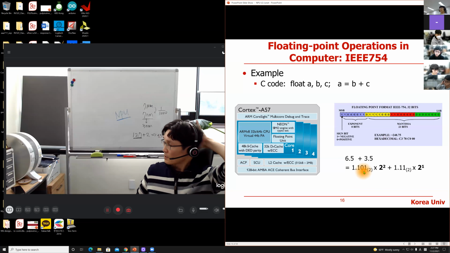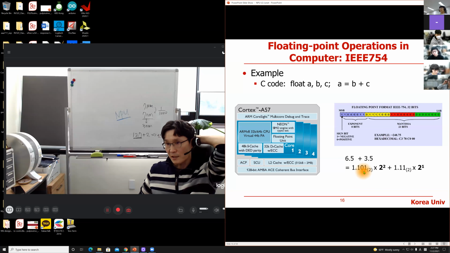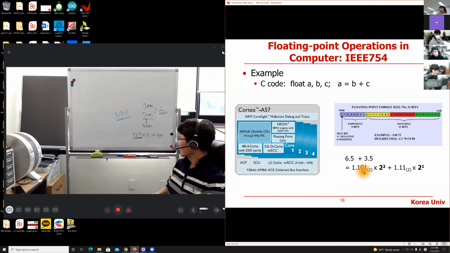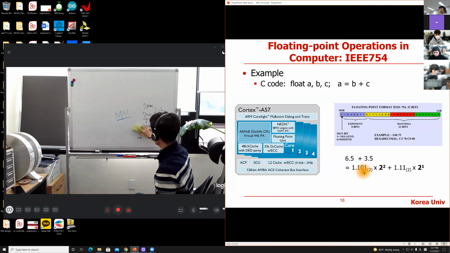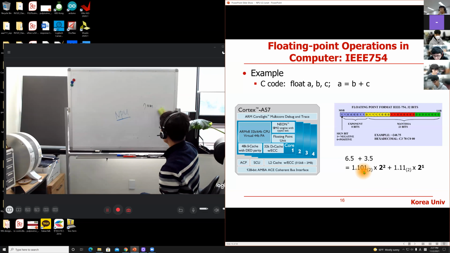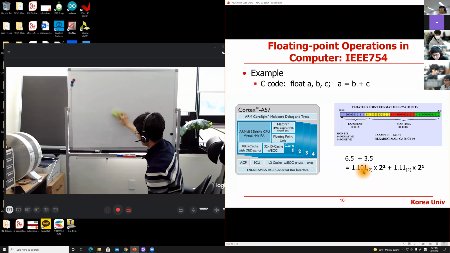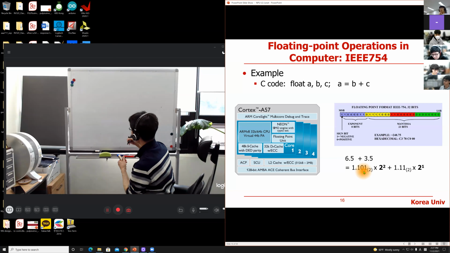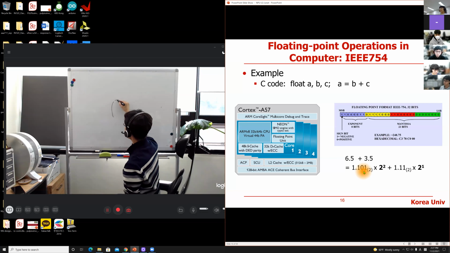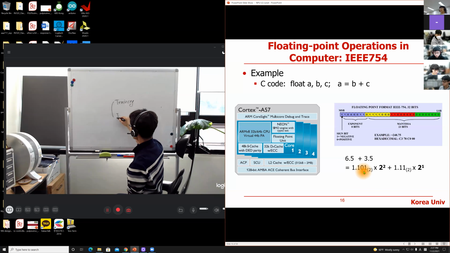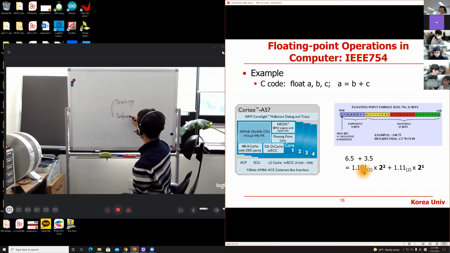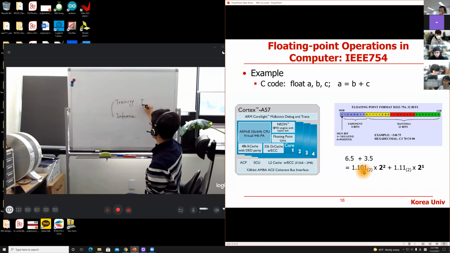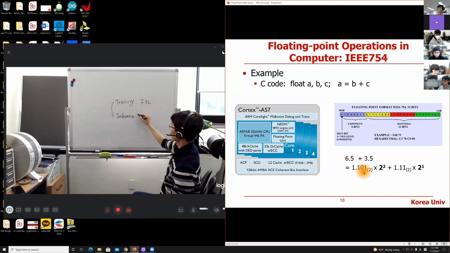And for DNN training, the rule of thumb is we typically use 32-bit floating point numbers. There are two different things in DNN: first, training, and inference. For training, we are using 32-bit floating point.